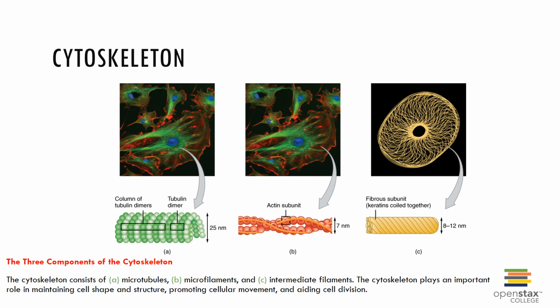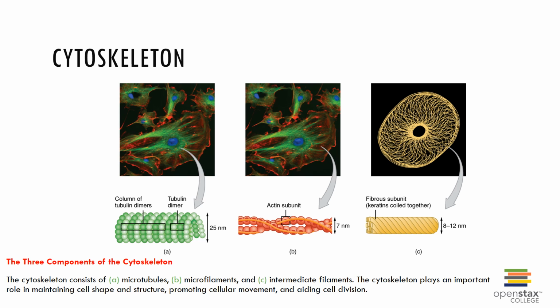The cytoskeleton consists of various components: microtubules, microfilaments, and intermediate filaments. Microfilaments are actin strands that are attached to the cytoplasmic side of the plasma membrane. Microfilaments are involved in cell motility, change in shape, and also possibly different types of vesicular transport like endocytosis and exocytosis.